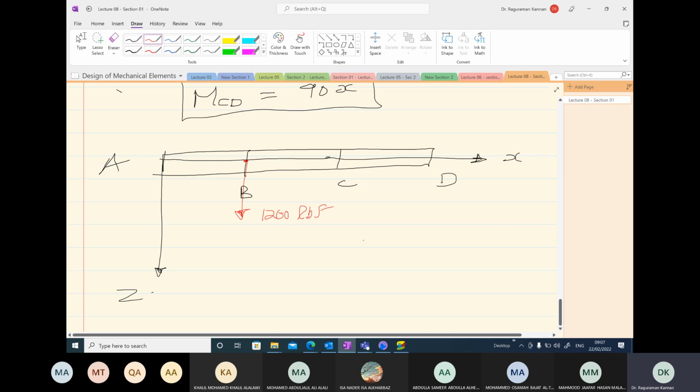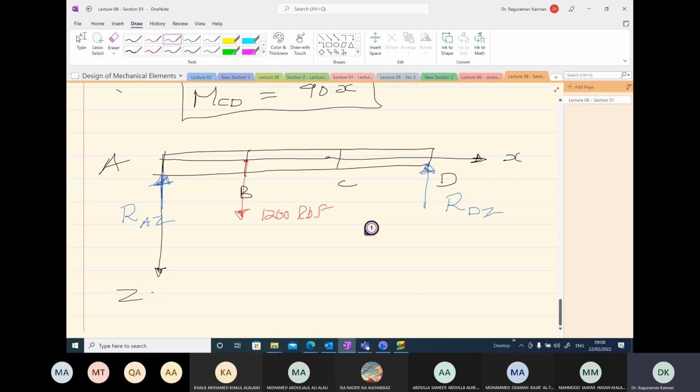Because of this force, I will have reaction forces here. What are the reaction forces I'm going to see at point A and point D? I'm going to write RAZ and RDZ.